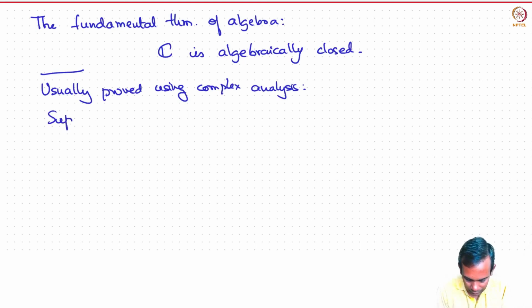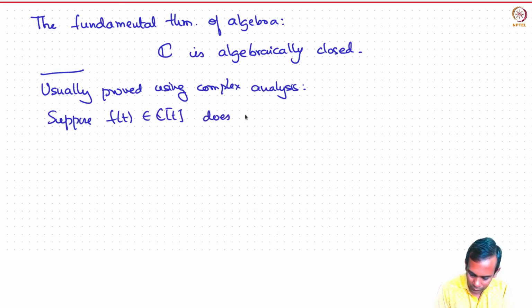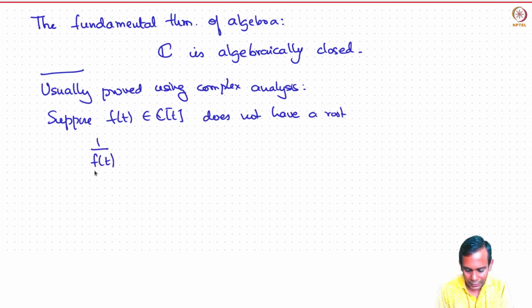Suppose f(t) is a polynomial with complex coefficients, and this does not have a root. Then you can talk about 1 over f(t). This makes sense as a function on the complex numbers, and it is what is known in complex analysis as a bounded entire function.